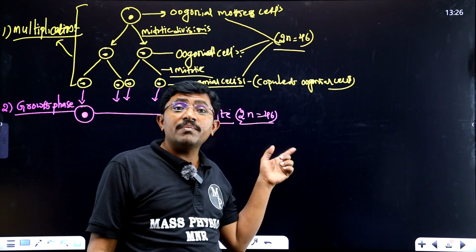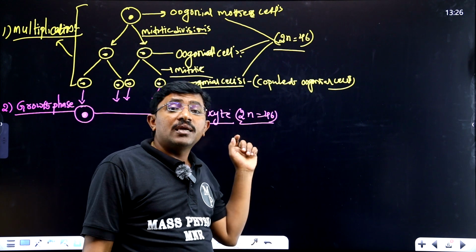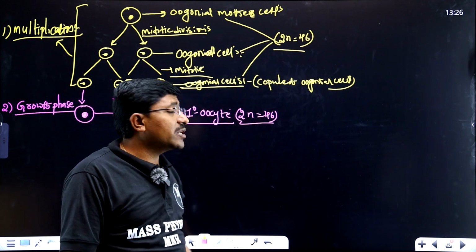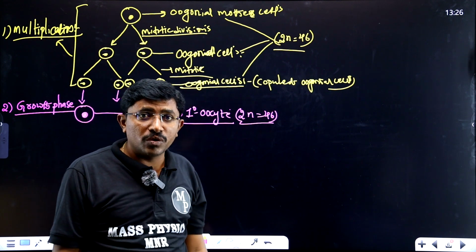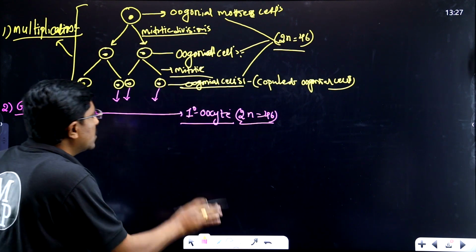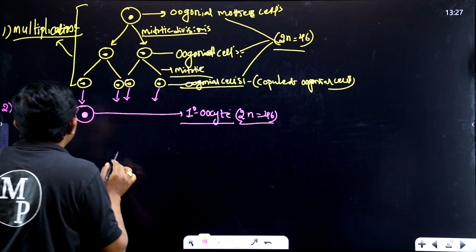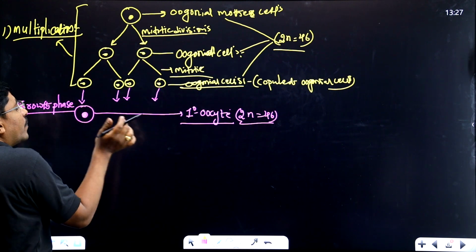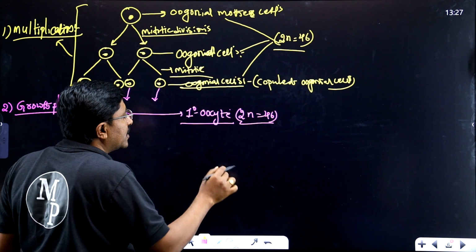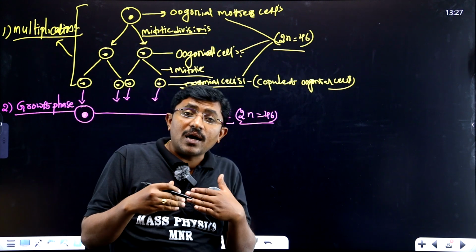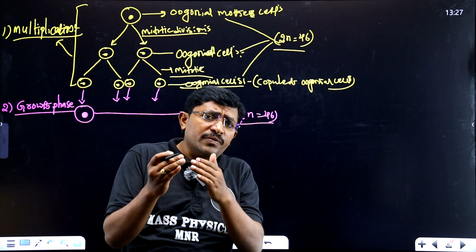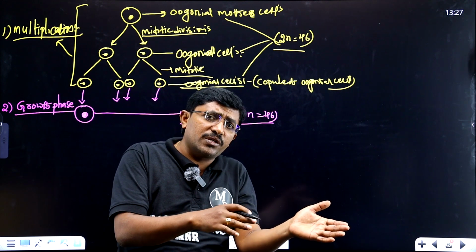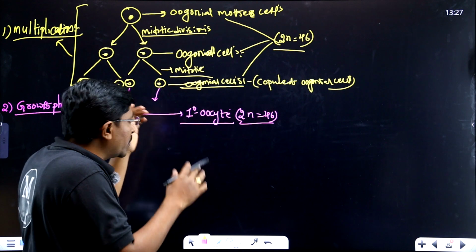The primary oocyte is also diploid with 46 chromosomes, same as the primary spermatocyte. Understood? Up to the formation of the primary oocyte, these are present in the fetus, while the fetus is inside the mother's uterus.